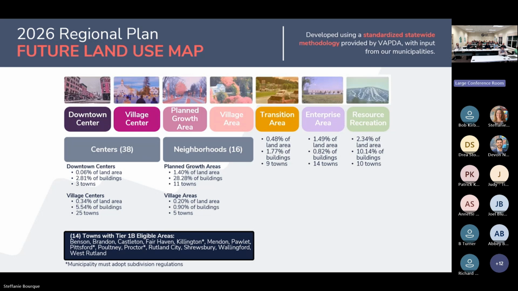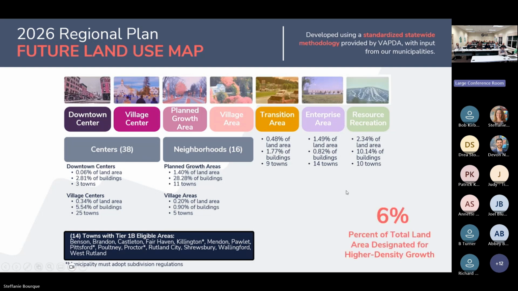And then the punchline in terms of the Act 250 location-based jurisdiction, as far as Tier 1B is concerned, we've got currently 14 towns that are potentially going to have areas eligible for Tier 1B jurisdiction. There's a handful that have some outstanding criteria that they would have to address before we adopt this plan in order to retain that eligibility area.